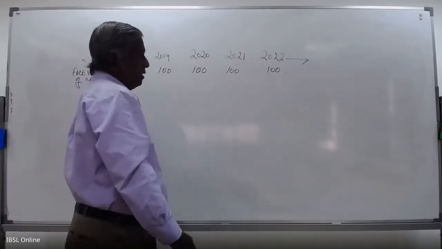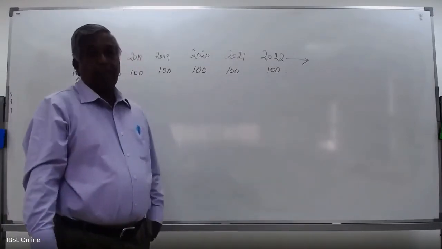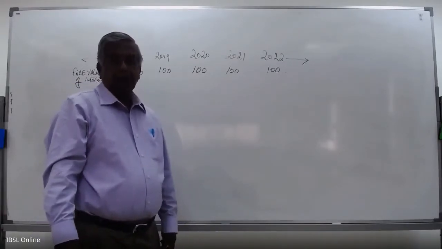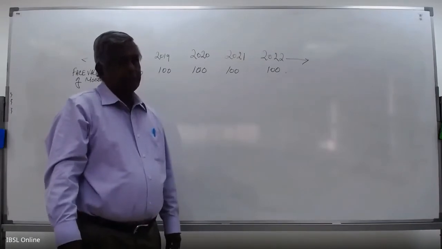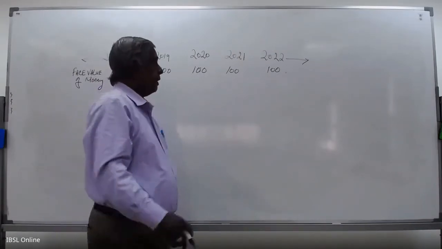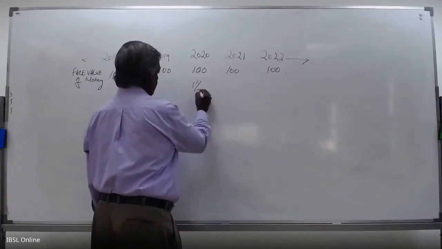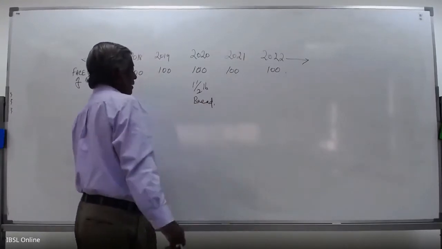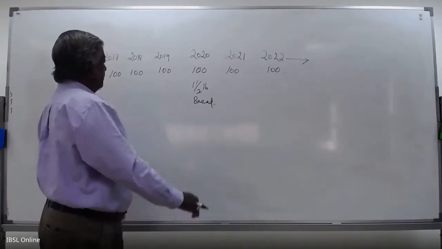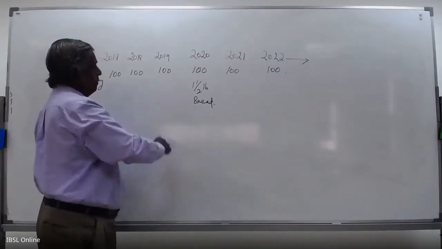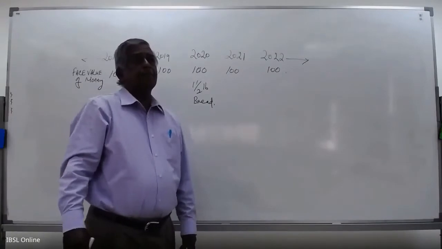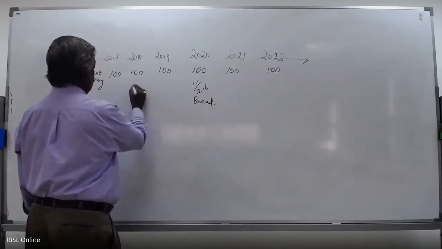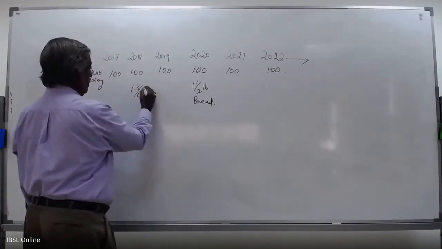So now, with this money, when we try to purchase bread, a pound of bread is 65 rupees. So with this 100 rupees, you can buy about 1.5 pounds of bread. Maybe in 2018, a loaf of bread was around 60 rupees, so you would have bought about 1 3/4 pounds of bread.